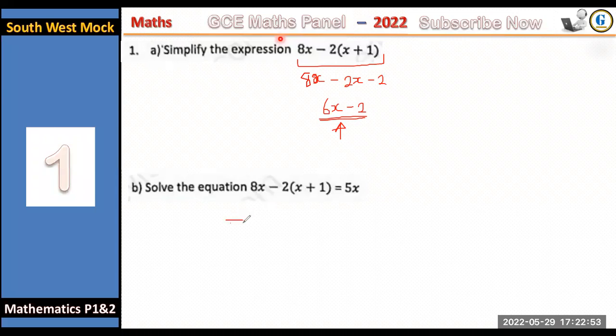So this will imply 6x minus 2 is equal to 5x, right? Yes, sir. And from here, if we subtract 5x from both sides, we'll be left with x. We now carry this minus 2 to the right-hand side. What does it become? X equals 2. So this is what we have for question 1.